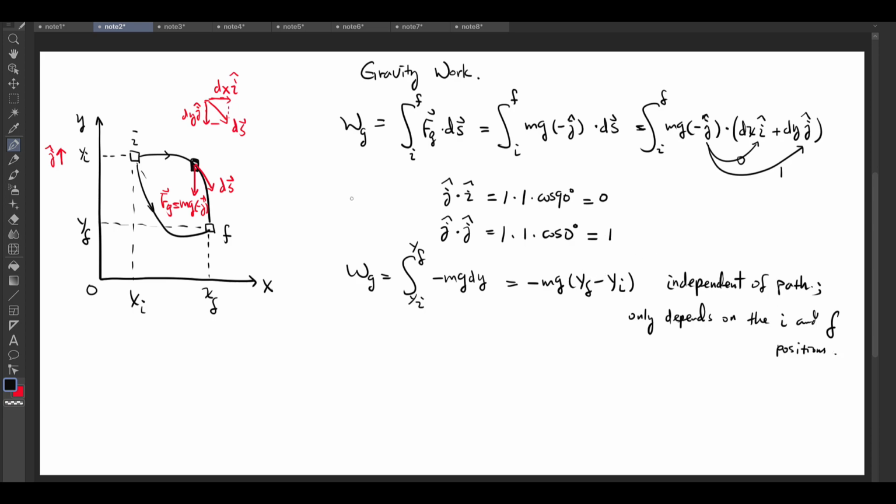That's why we can say we proved this already, because the work here does not depend on the actual path taken to go from initial to final position. So the gravitational force Fg is a conservative force.